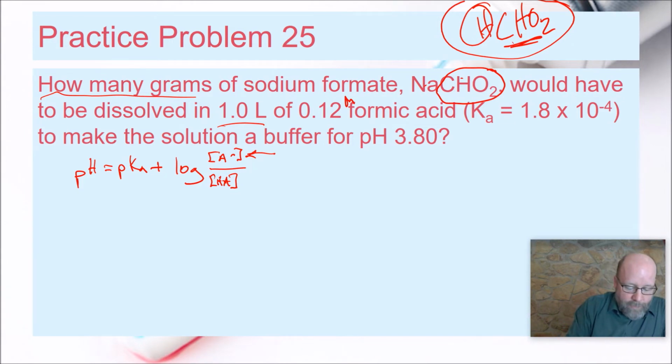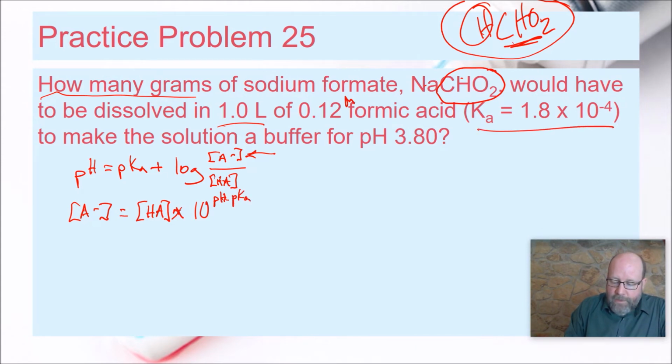But rearranging this equation, we will get that the concentration, and this is just like the last problem, of the conjugate base is equal to the concentration of the acid times 10 to the pH minus the pKa.